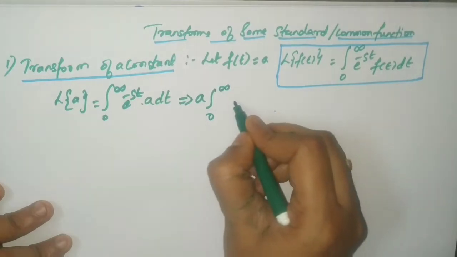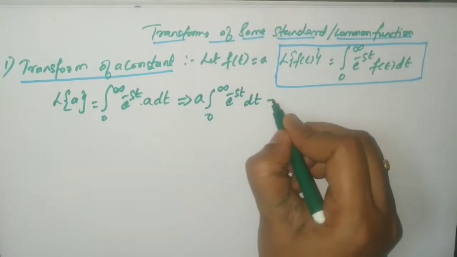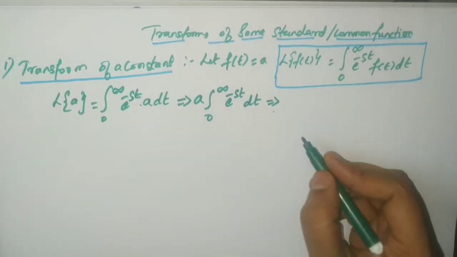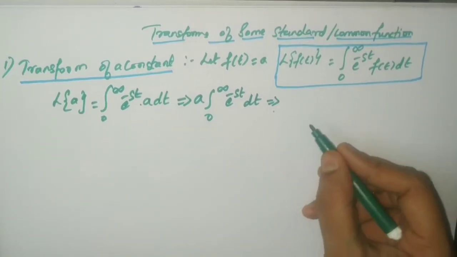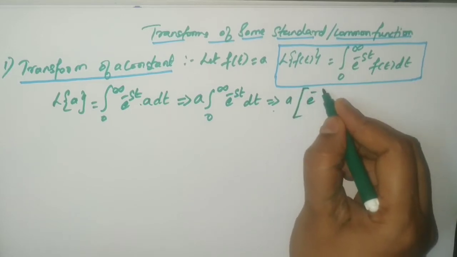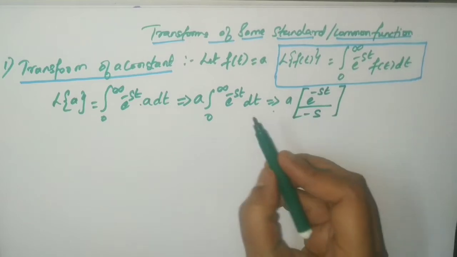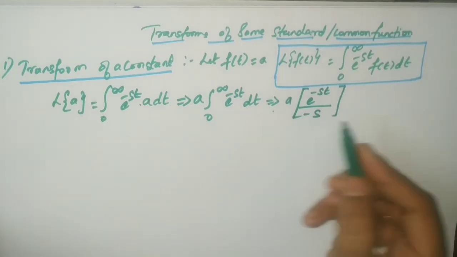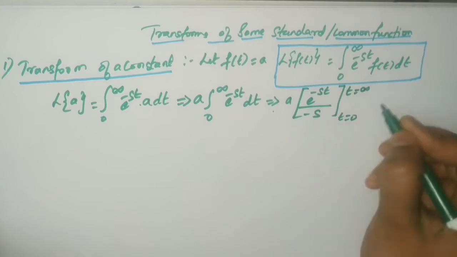So it is 0 to infinity e power minus st into dt. As we know, integration of e power at is e power at by a. The constant goes to the denominator. So here the integration becomes e power minus st by minus s, because our integration is with respect to t. The limit ranges from 0 to infinity.